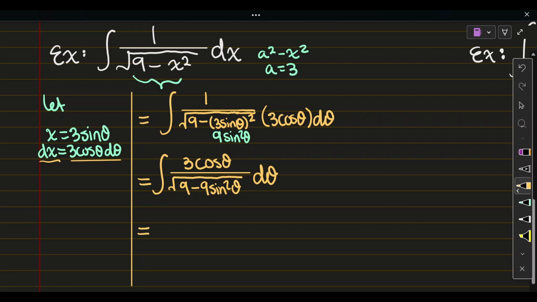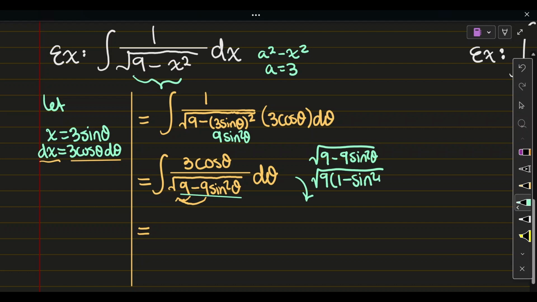Now I'm going to pull this 9 out front, so I have the square root of 9, which is 3. What I'm doing here is I have the square root of 9 minus 9 sine squared theta, and that's the square root of 9 times 1 minus sine squared theta, and that is 3 times the square root of 1 minus sine squared theta.